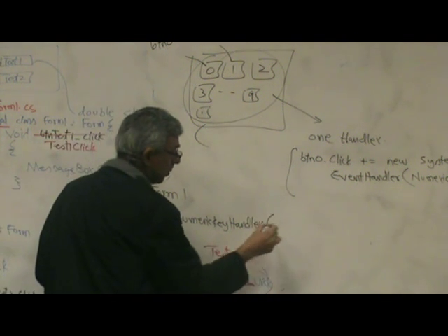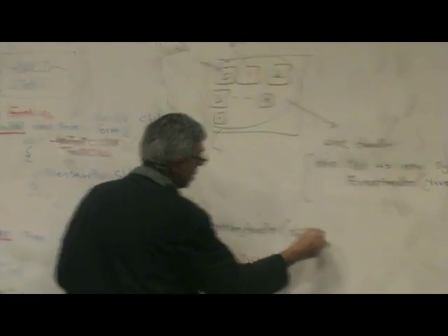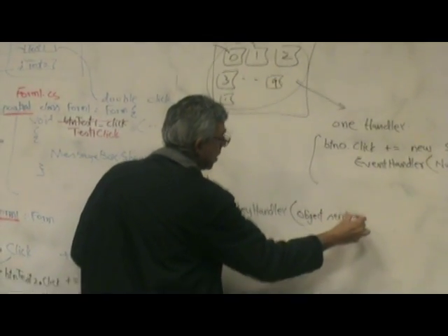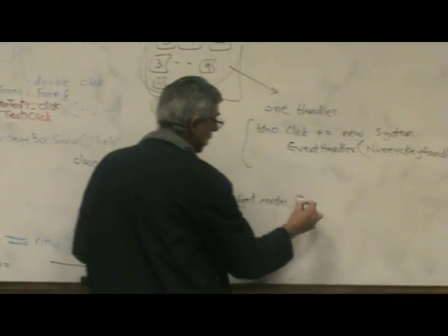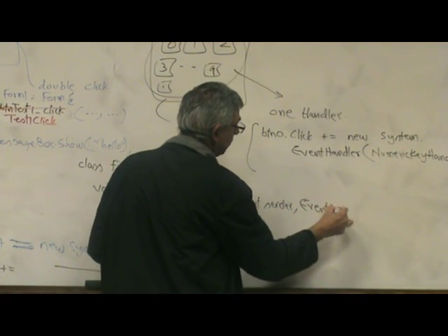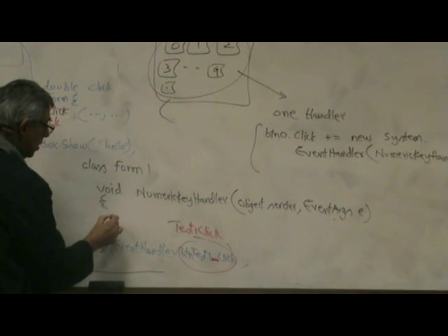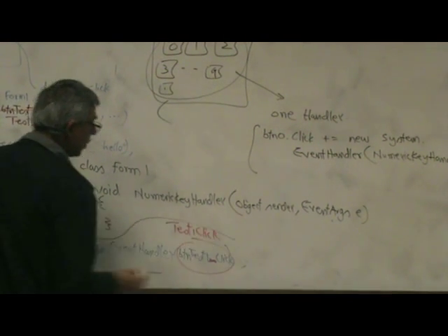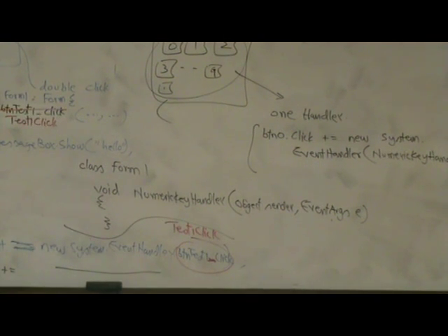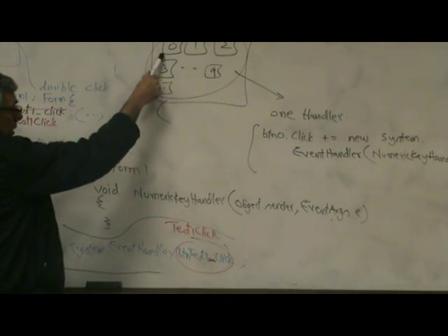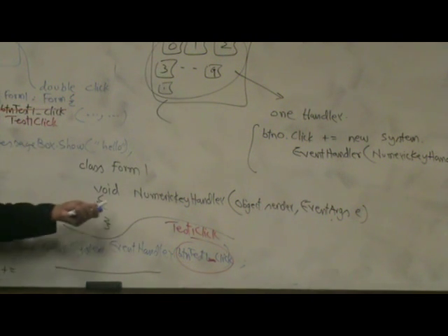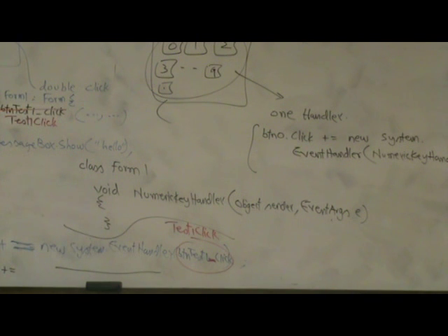And remember it takes two parameters: object sender and EventArgs e. So now as soon as somebody clicks on this 0, which function will be called? This function, this one, right?